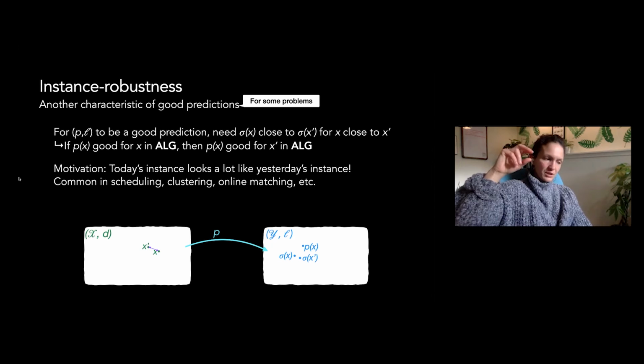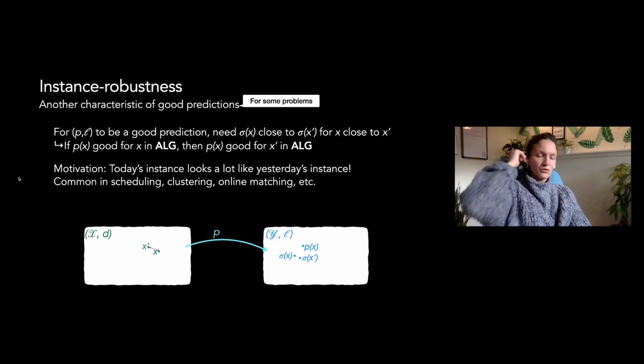You could think of this as saying that if you're predicting the cluster labels, you want the cluster labels to not be too bad for an instance where you've twiddled the points slightly. So I think that's all I want to say for the introduction of instance robustness. I'll just pause for a sec in case anyone wants to type another question in the chat.